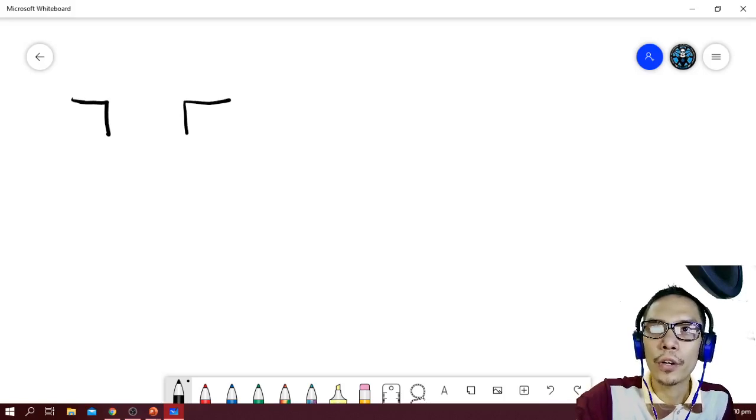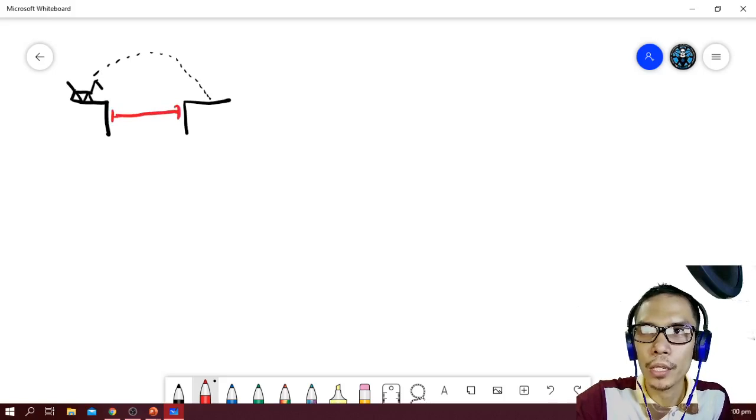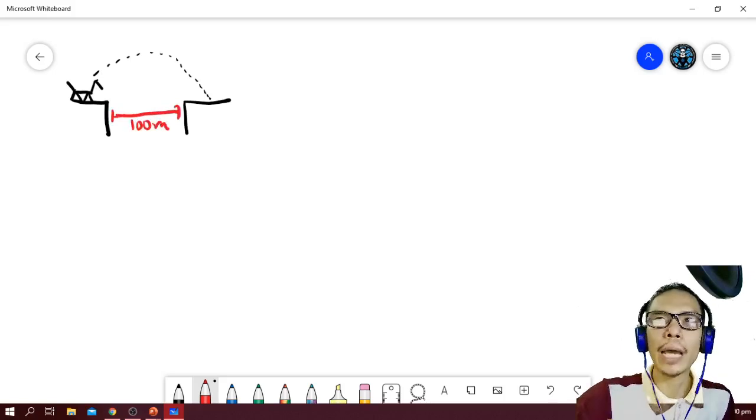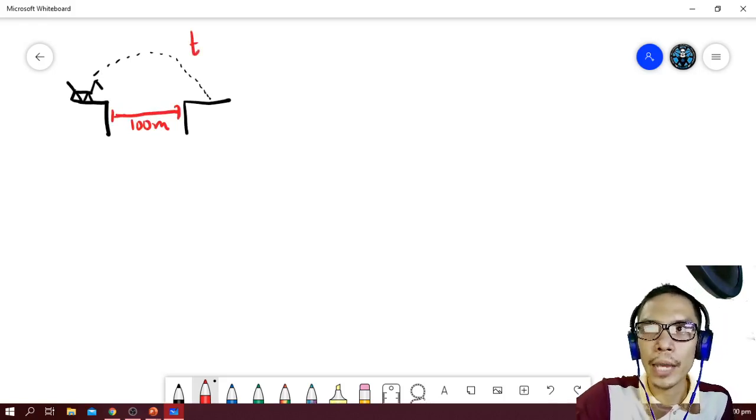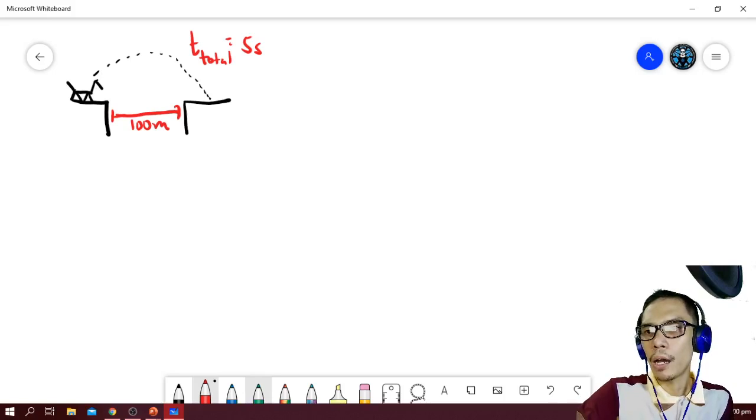So this is the horse, and I think the horse will jump off the cliff. And the distance from this point to that point is 100 meters. Okay, so the total time it takes is 5 seconds to jump from this point to this point.